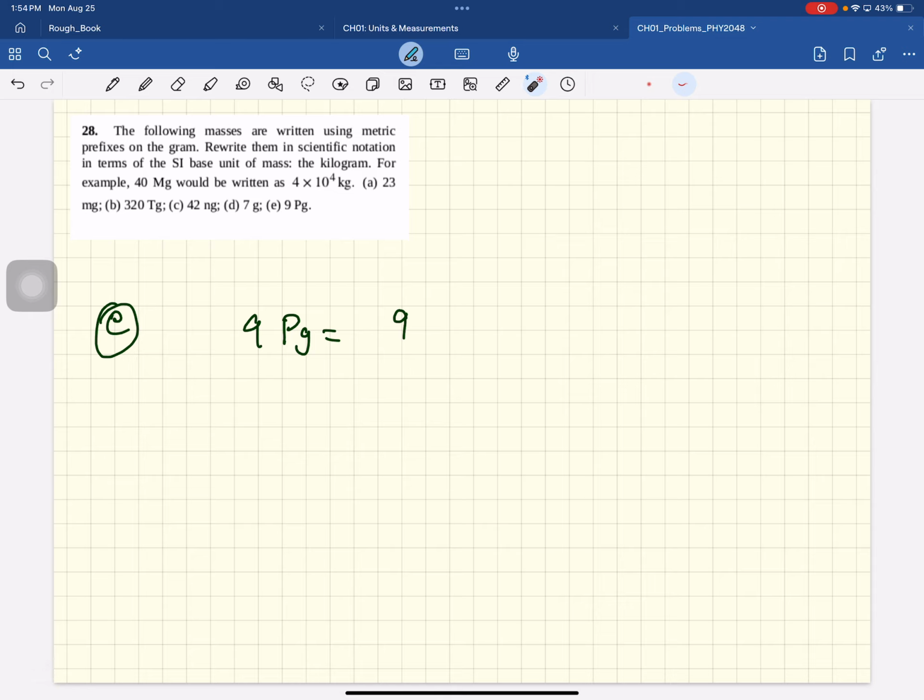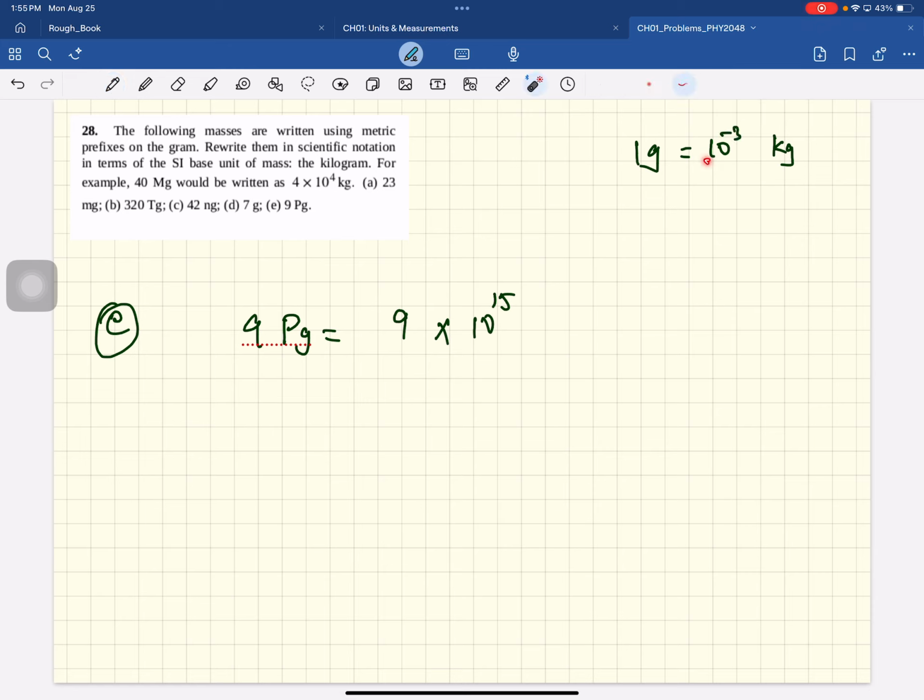All right, so the prefix P was 10 to the power of 15. Now a gram is, what is kg? K is 10 to the power of 3. So 1 gram is 10 to the minus 3 kg.